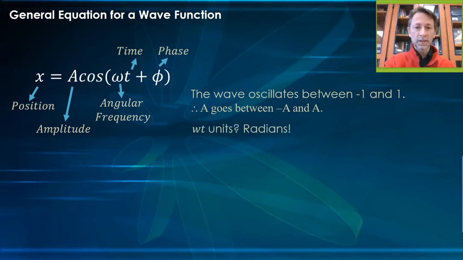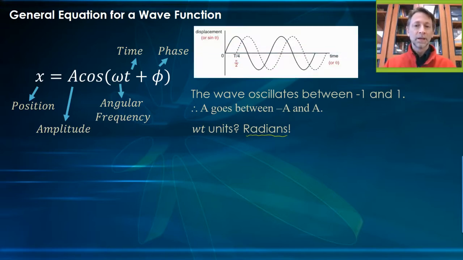When I look at omega t then, right here, what are our units going to be in? If I'm talking angular frequency, then our units are going to have to be in radians. So whenever we're dealing with the wave function, our angle is going to be in radians. Then just to explain phase, it's this idea that we shift the wave off of what the wave normally is.